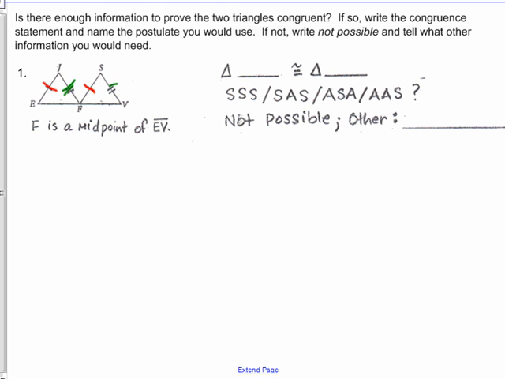I see this one and this one. And I see F is a midpoint of EV. This is important information. If F is the midpoint, then this segment is congruent to this segment. So that means, yes, those triangles are congruent.